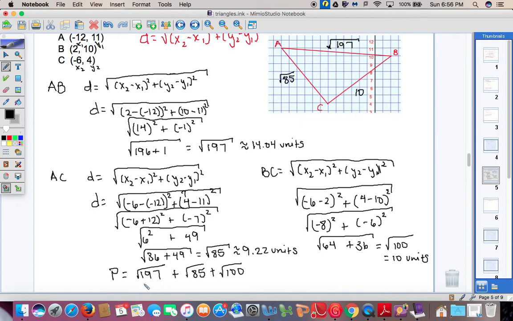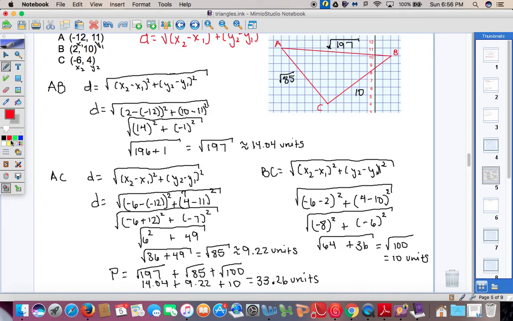When we add all these together, we get 14.04 plus 9.22 plus 10, which is 33 and 26 hundredths units. That would be my final answer for the perimeter.